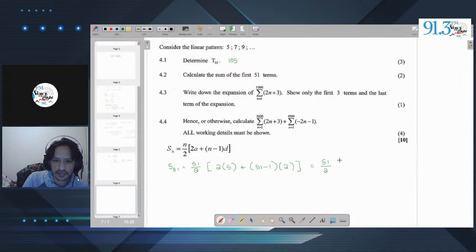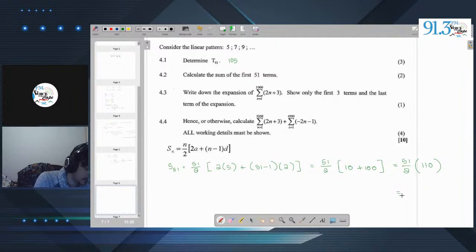This will give us 10, that's 50 times 2 is going to be 100, plus 100. And that's going to equal 51 over 2 times 110. Okay. And then we can just input this information in our calculator. 51 divided by 2 gives us 25.5, times that by 100, and we get an answer of 2,550. And let's see if this matches.